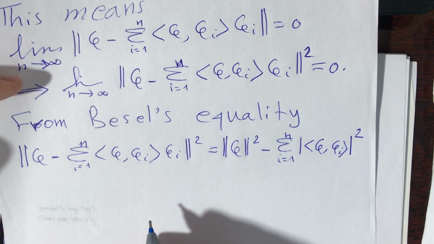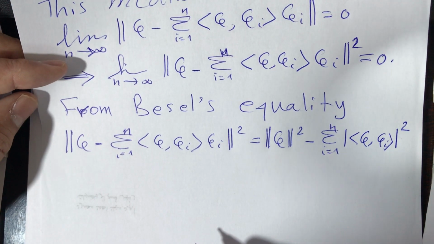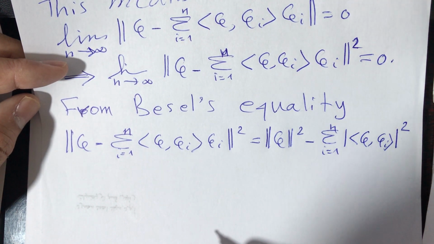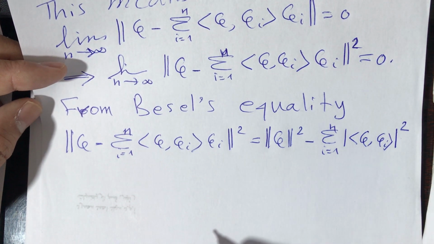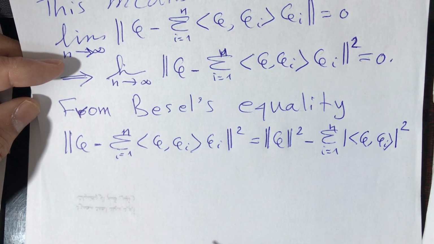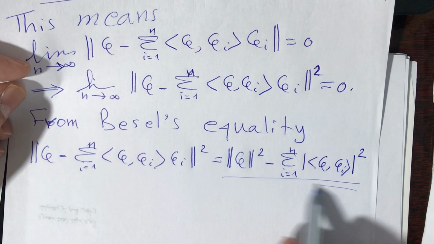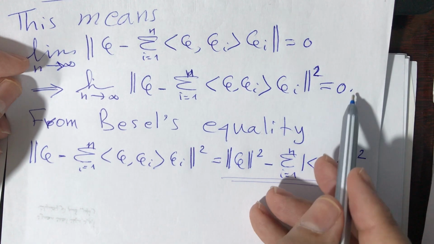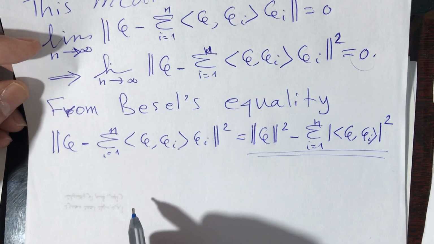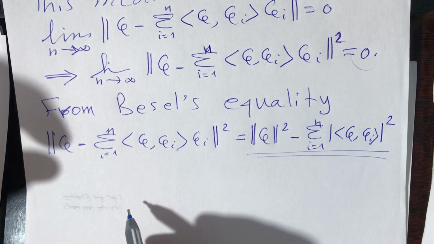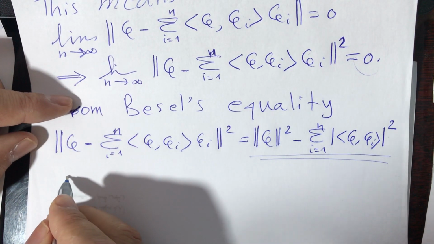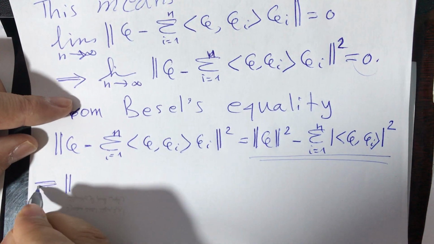This is from Bessel's equality. And this equals 0. That means this is equal to 0, so that means this equals 0.